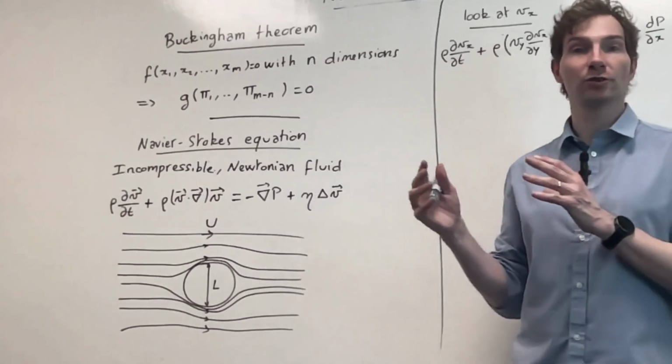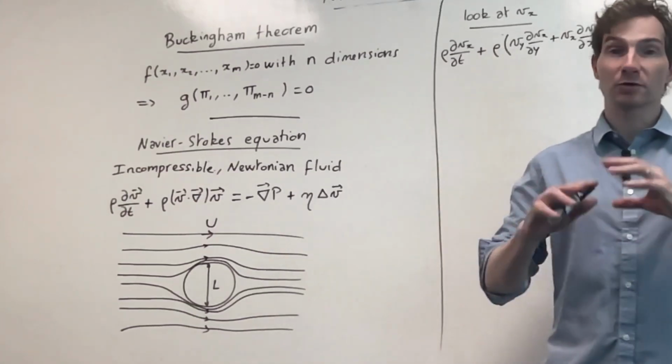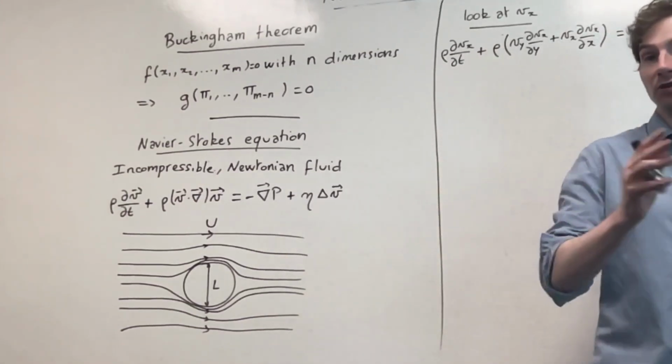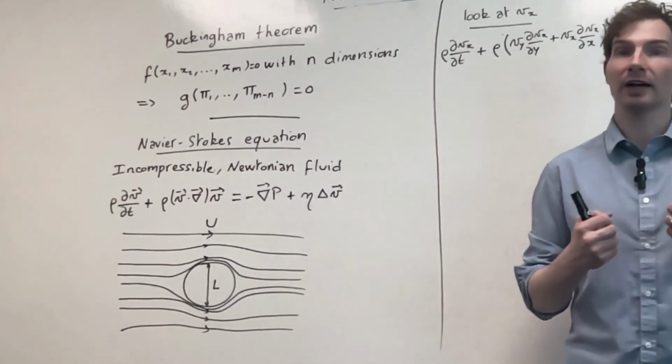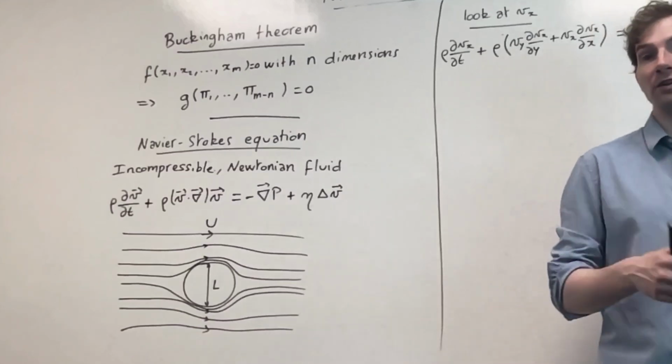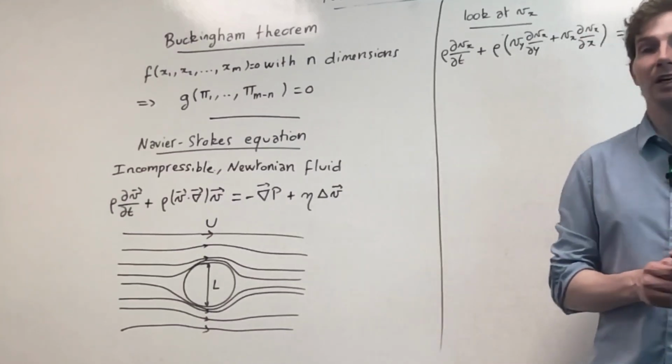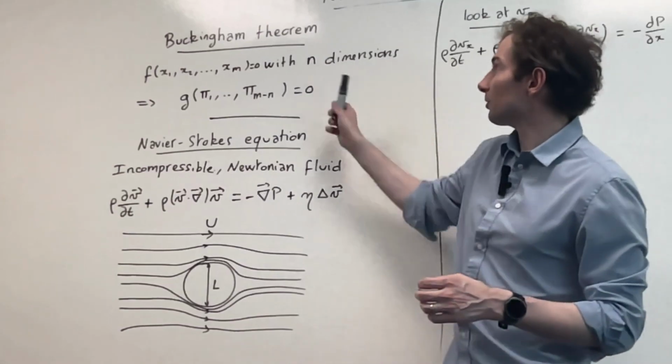Then we are going to look at how we can express the equation in terms of dimensionless quantities, and see what kind of gain we've had compared to what we started with. Okay, so this is the Buckingham pi theorem.